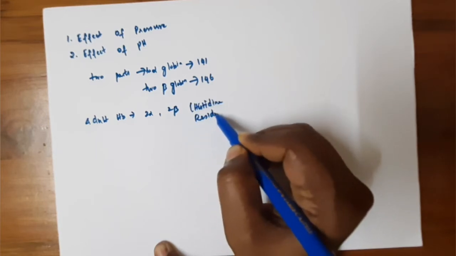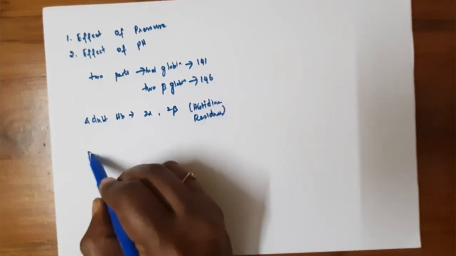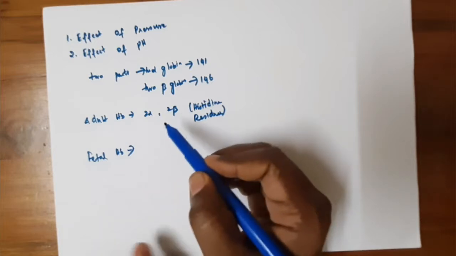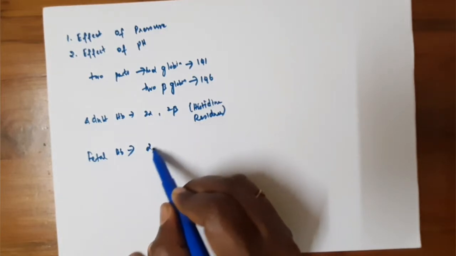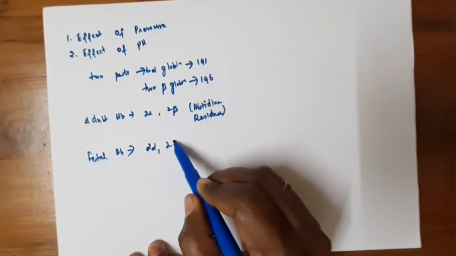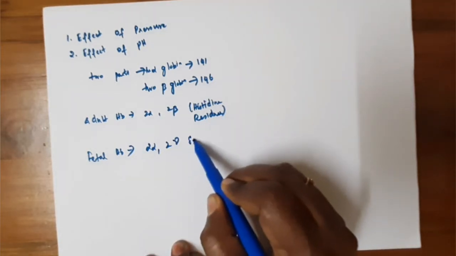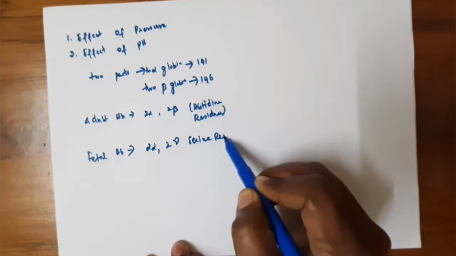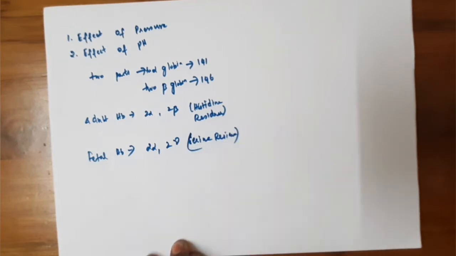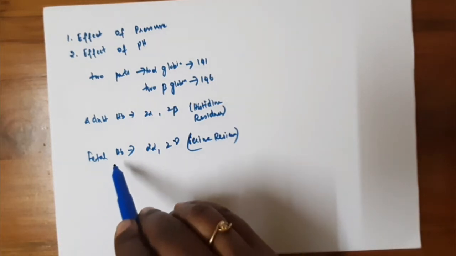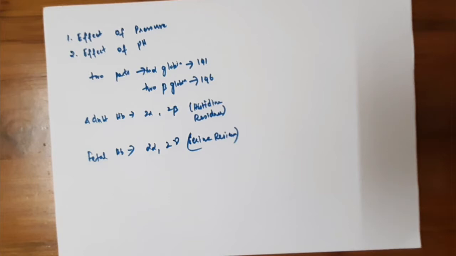But fetal hemoglobin consists of, instead of the beta globin part, 2 gamma proteins. So the histidine residue is replaced by the serine residue in fetal hemoglobin. So the oxygen binding capacity is greater in fetal hemoglobin than in adult hemoglobin.